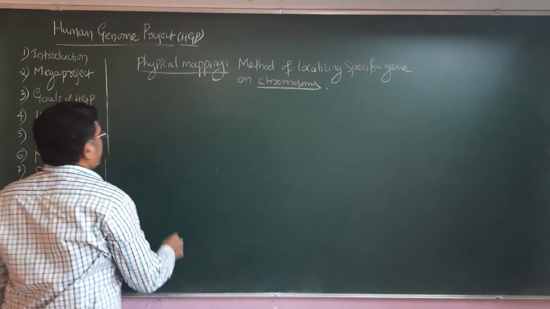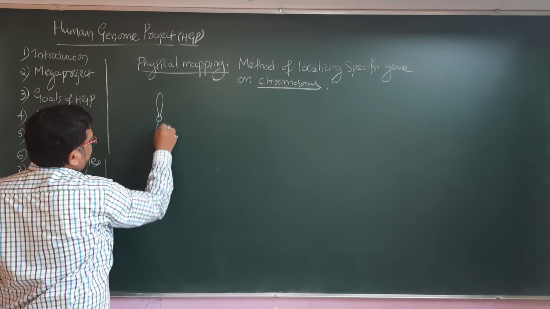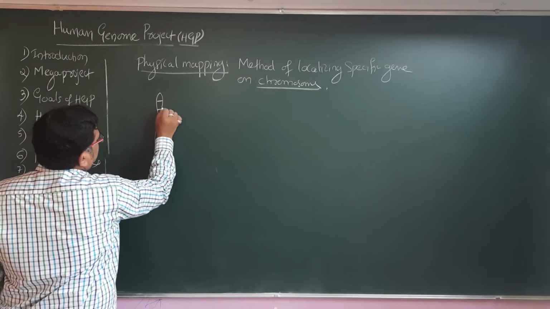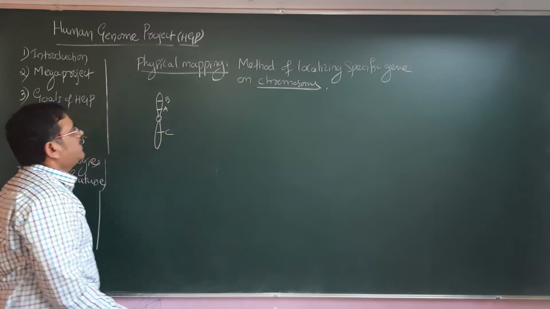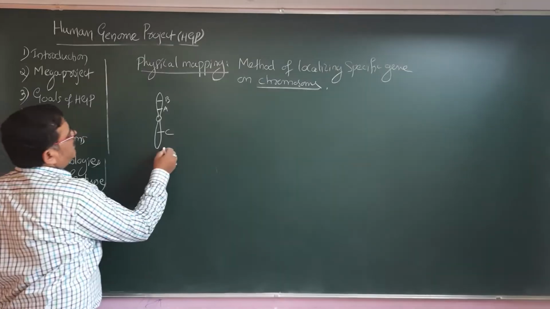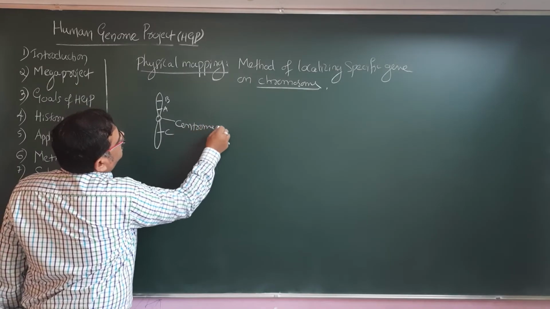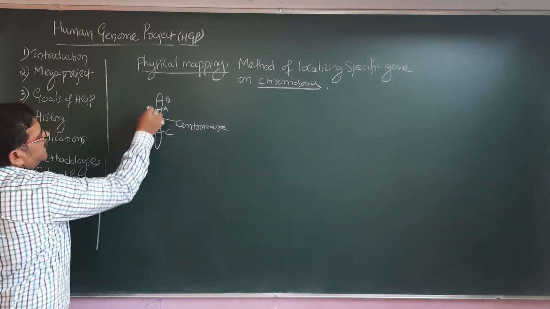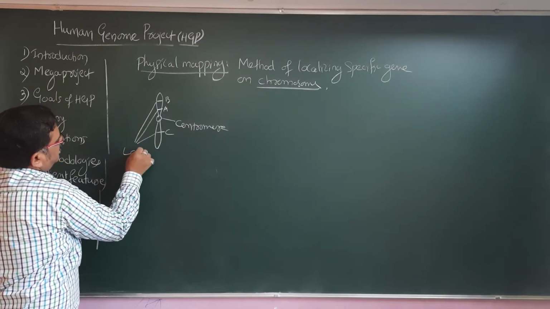Imagine here is a chromosome, and the chromosome has gene A, gene B, and gene C. This is the chromatid arm and the centromere, and these are what we call loci.